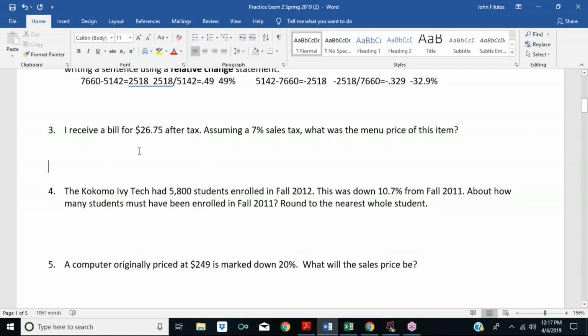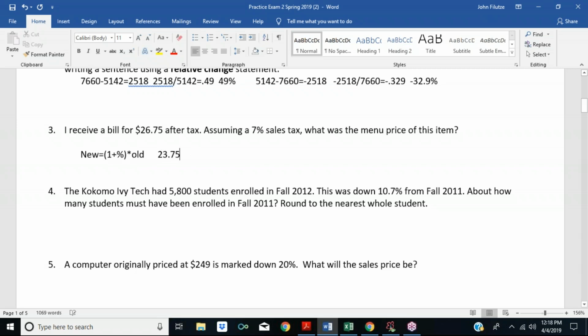All right, so on number 3, there are two ways really that we could do it. Remember, it was 1 plus the percent as a decimal times the old. That's one way, or we could use a proportion. Let me do it with the equation first.